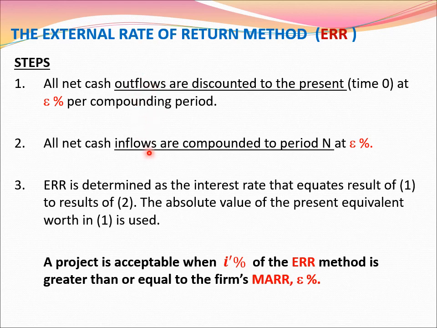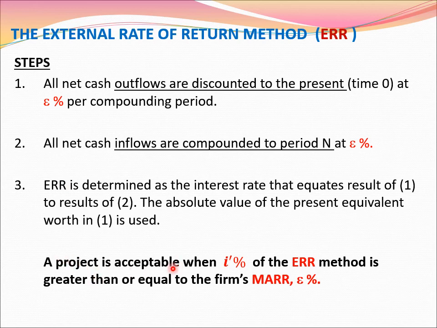Of course, one is in present time, the other is in future time. So it means that we need to find the present worth of these future values. But this time, when we find this present worth, we are using the ERR. We want to find that value.